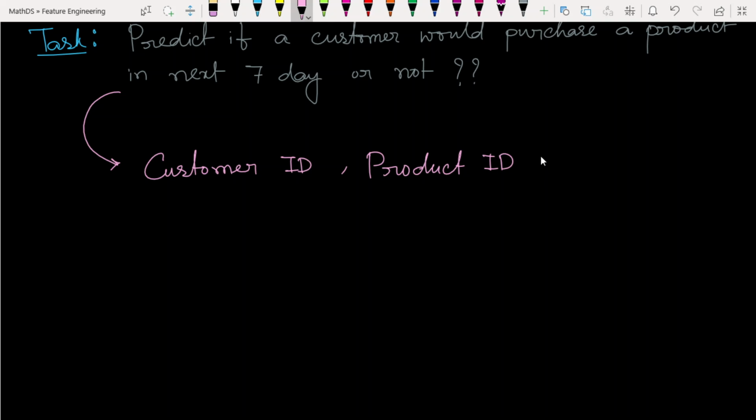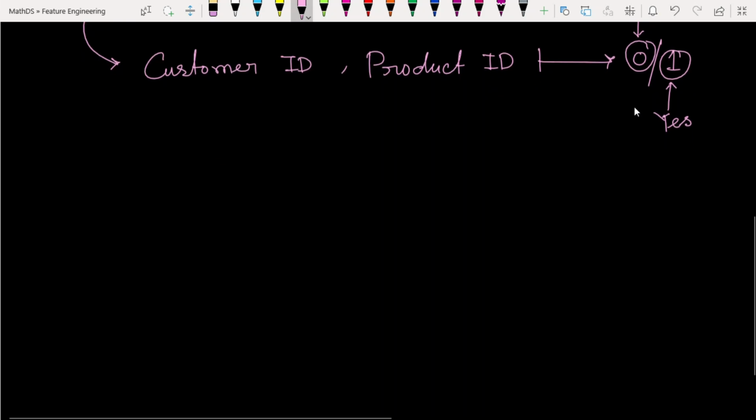Now we have to give some output, 0 or 1. If this customer is interested to buy this product in the next 7 days, then we give the output 1, meaning yes. If the algorithm gives the output 0, then it says no, the customer is not interested, don't buy.